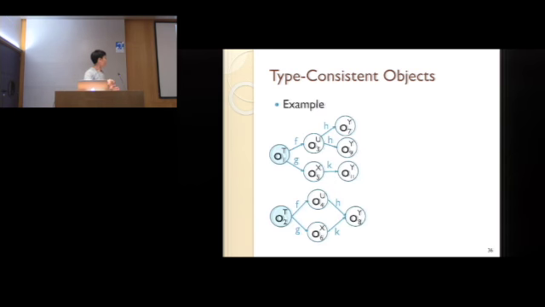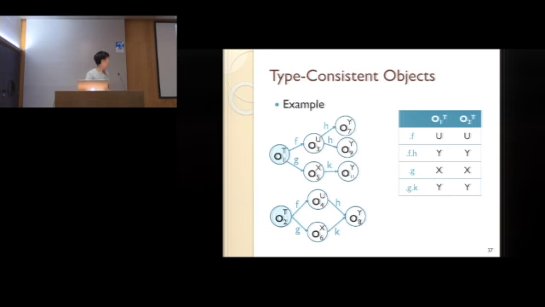Let's use this example to help illustrate this concept. Suppose we focus on objects O1 and O2. These two graphs show the objects reachable from O1 and O2 through field access. We call them field points-to graphs. For example, this edge means that O1.F points to O3. And this table lists the types of objects pointed to by all field sequences of O1 and O2.